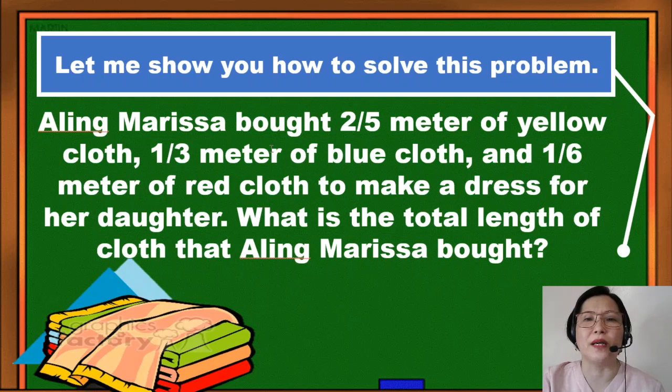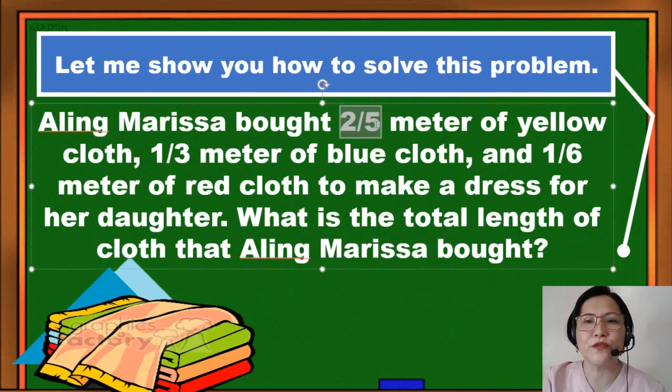In this problem, what do you think are the numbers or fractions that we are going to use? Yes, that's correct. That's 2/5, which is the meter of yellow cloth, 1/3, which is the meter of blue cloth, and 1/6, which is the meter of red cloth.